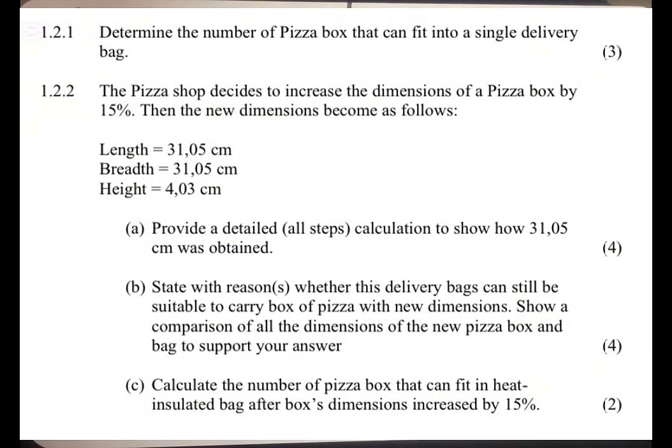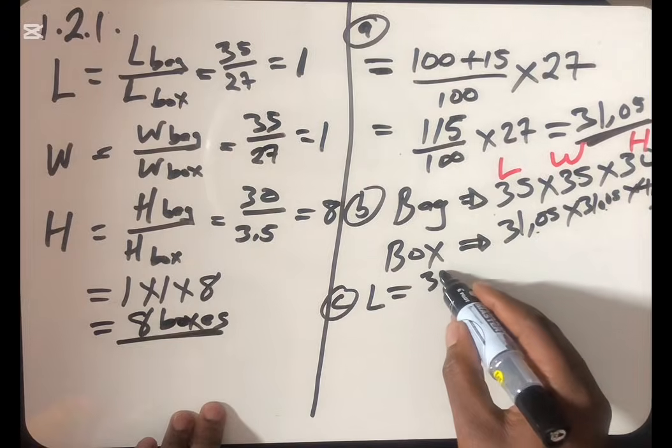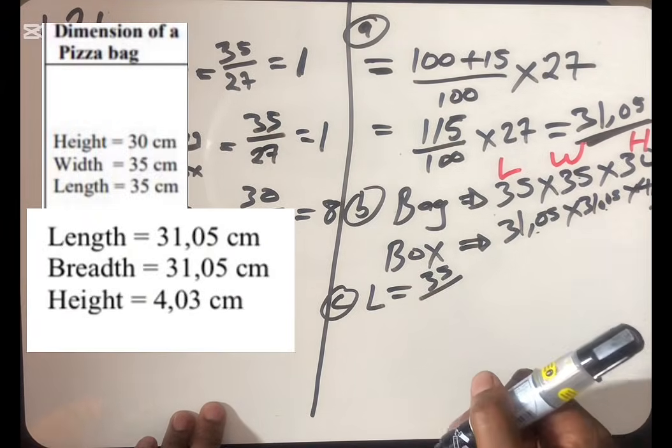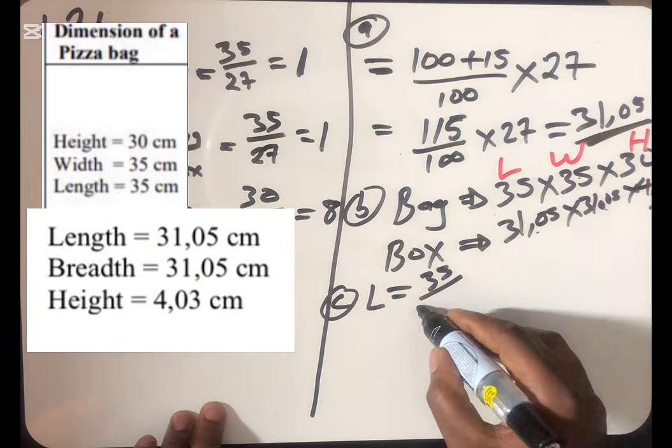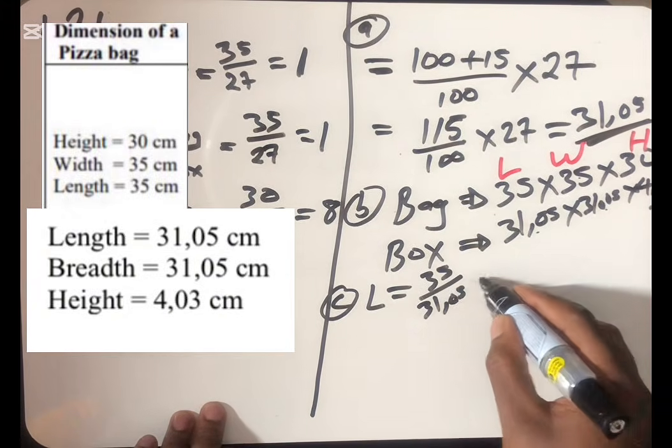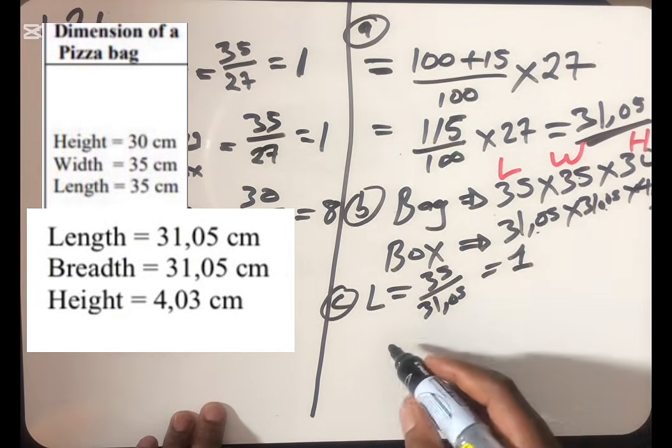Then we move to C. Show with calculation the number of pizza box that can fit in heat insulated bag after box dimension increased by this. Okay, same thing. Length, the length of a bag is 35, of a box is now 31,05. We're still going to get 1 here.